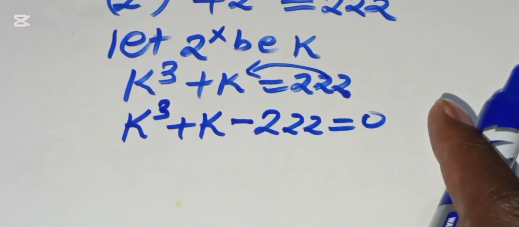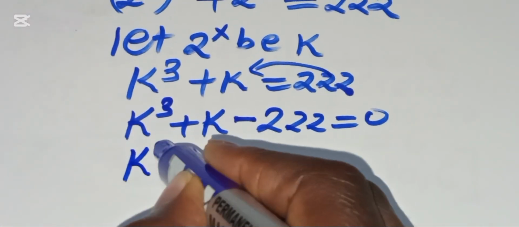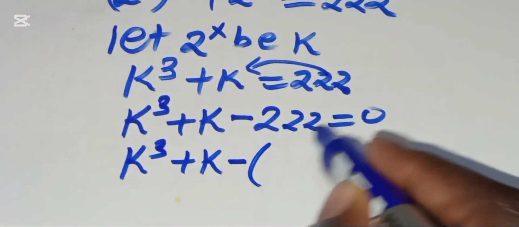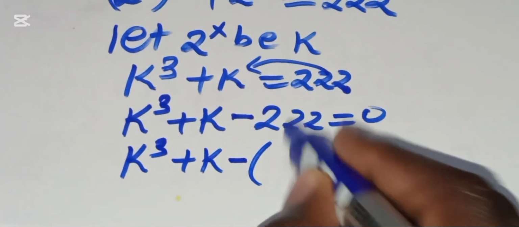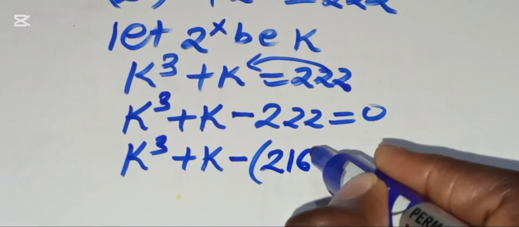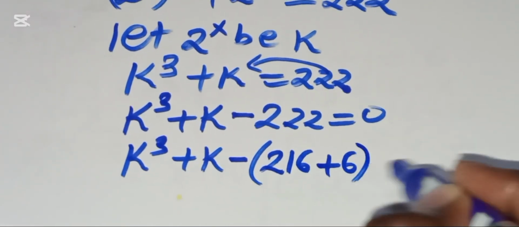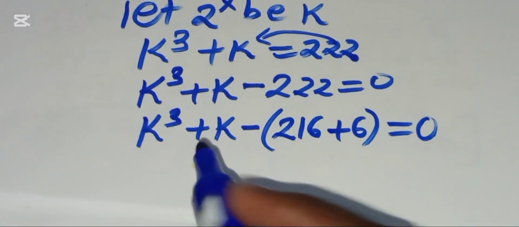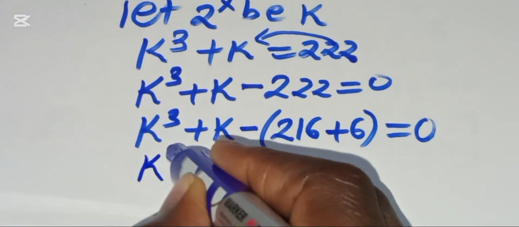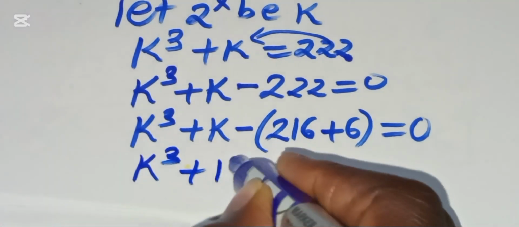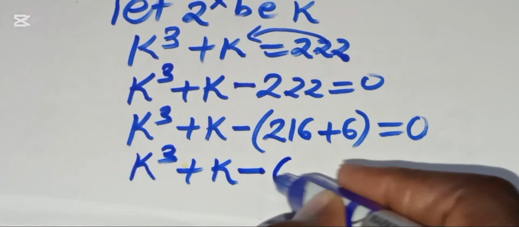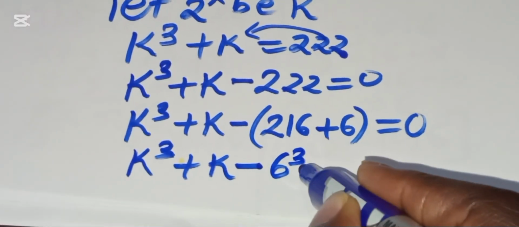Now from what we have, you find that k cubed plus k subtract 222 can be expressed as, this is the same thing as 216 plus 6. Okay, so this is equal to 0. From what we have again, we can have k cubed plus k subtract 216 can be expressed as 6 raised to power 3.